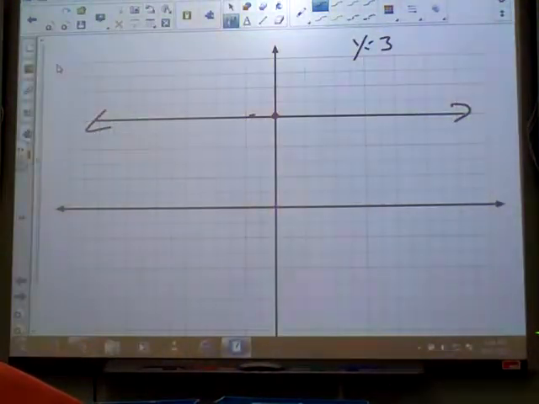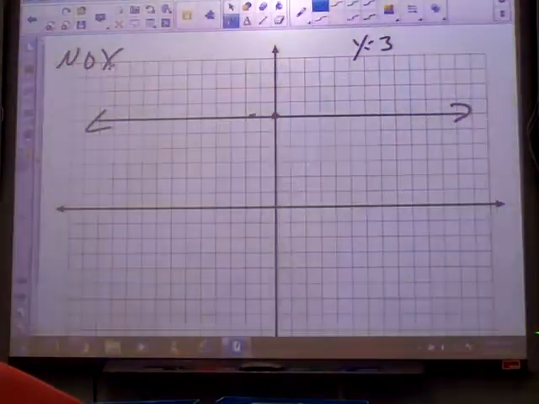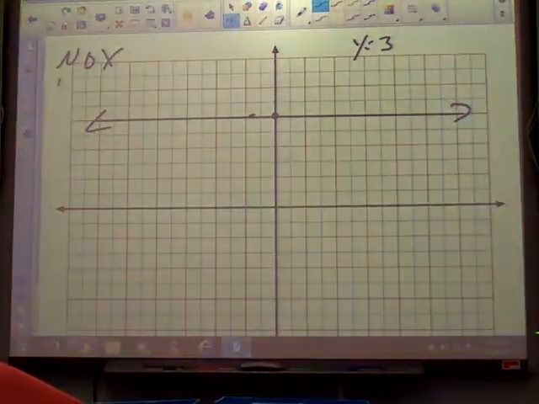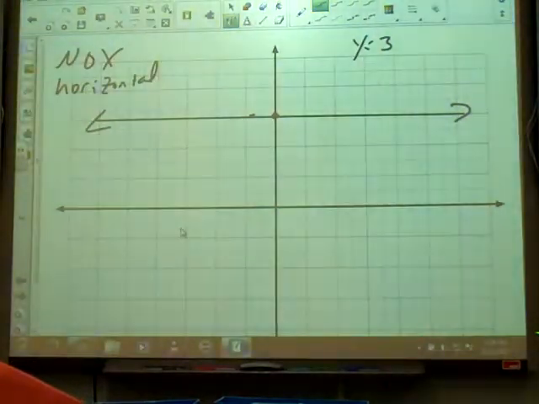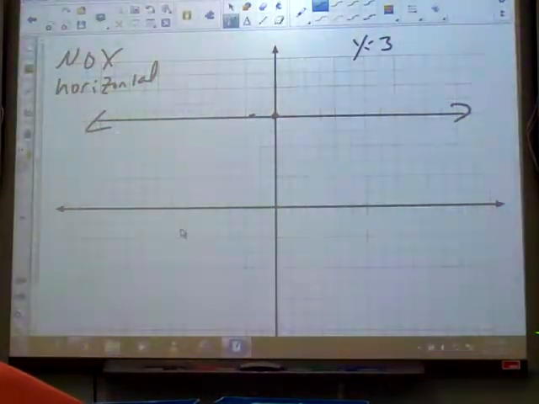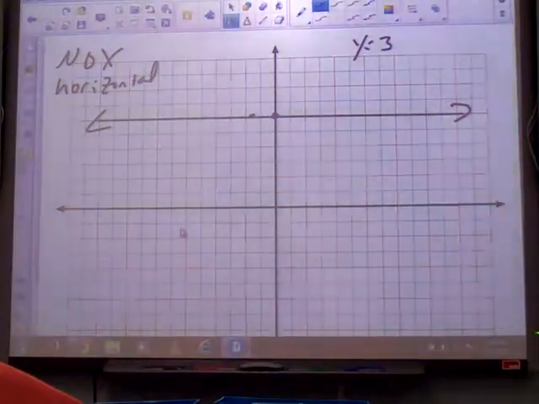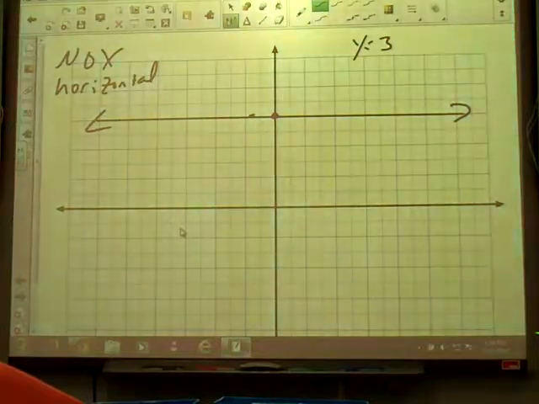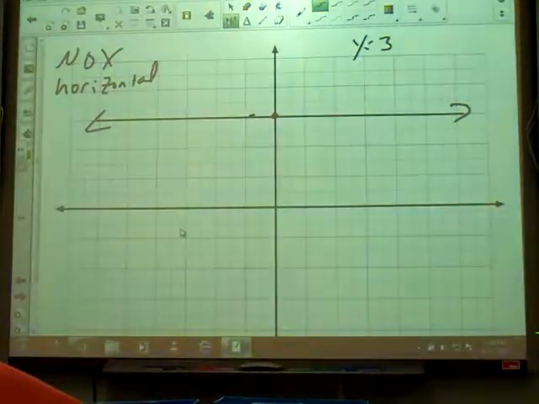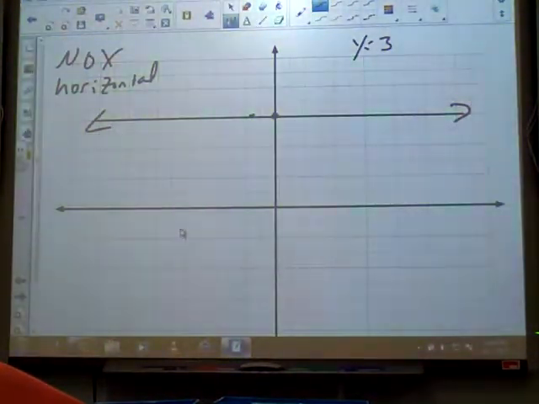So when I have no x, it looks like Knox, it's always going to be horizontal. When you have only a y, no x, your line's just going to be horizontal. What's the slope of a horizontal line? 0. Very good. Kaylee, 0 is the slope of a horizontal line.